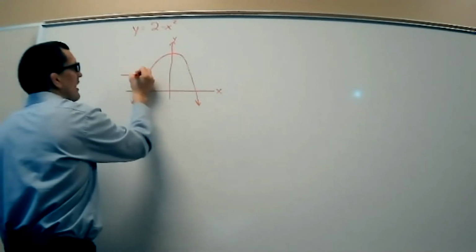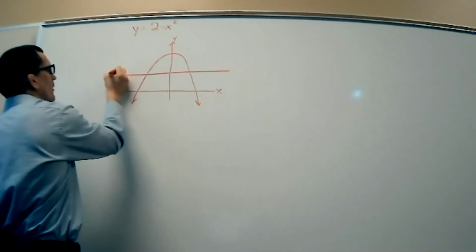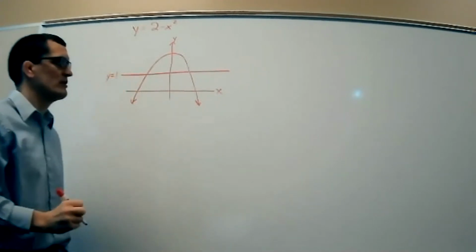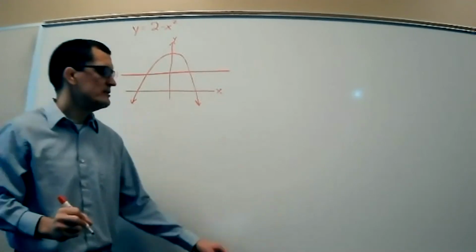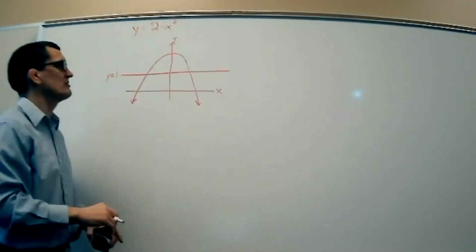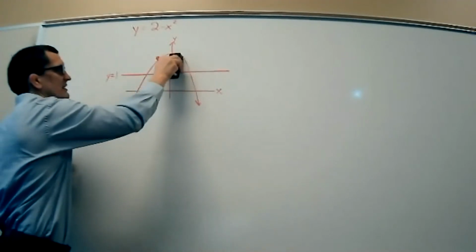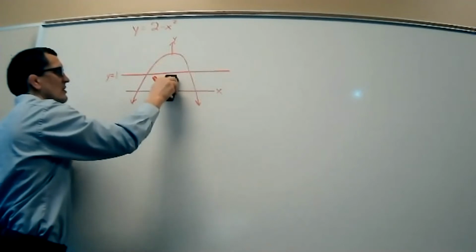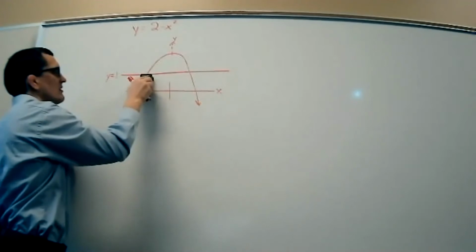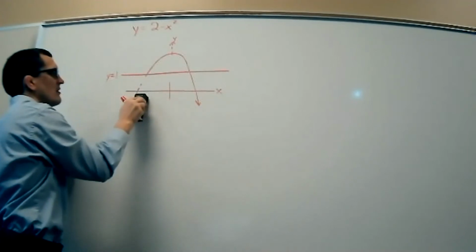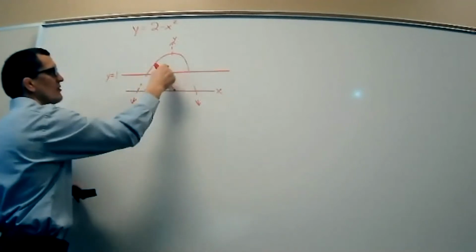And the line g of x equals 1, or the line y equals 1, is a horizontal line right there. Now, notice this does not say just in the first quadrant. This says the entire region is bounded by these two curves. So what we're looking at here is the bounded region right there.